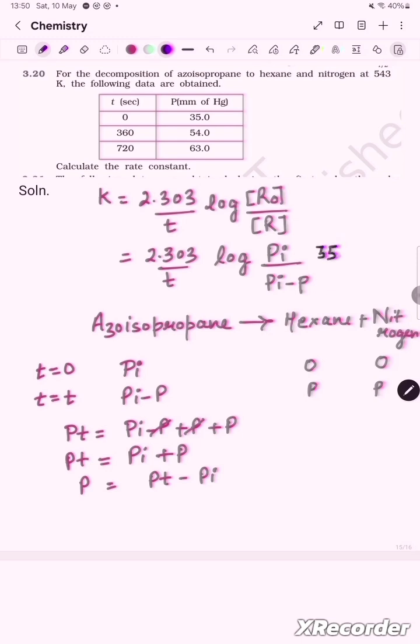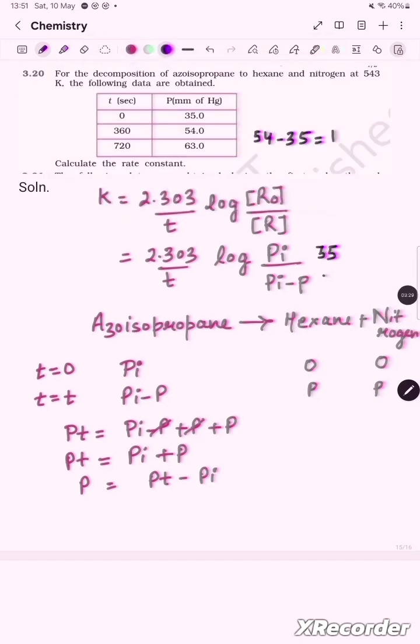Initial pressure is 35, and the final pressure is 54 at time 360 seconds. So total pressure is 54 and initial pressure is 35, so that becomes 19.